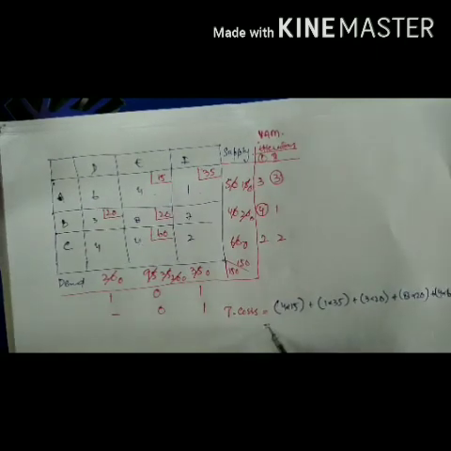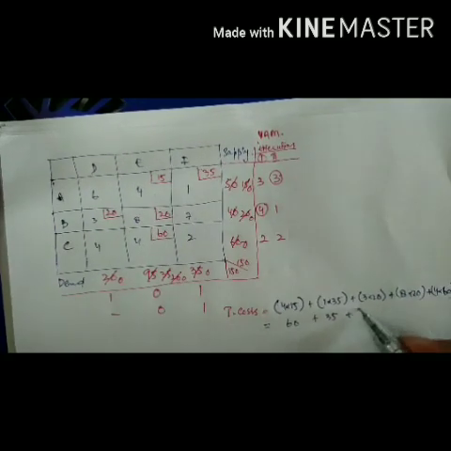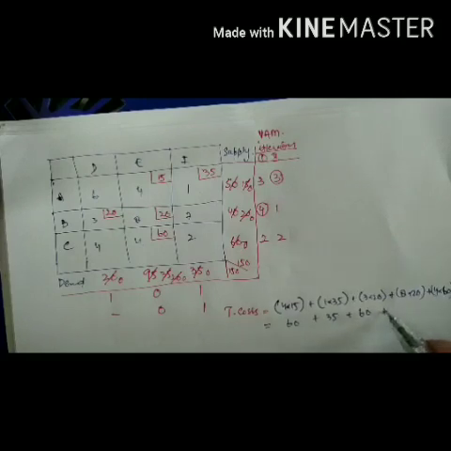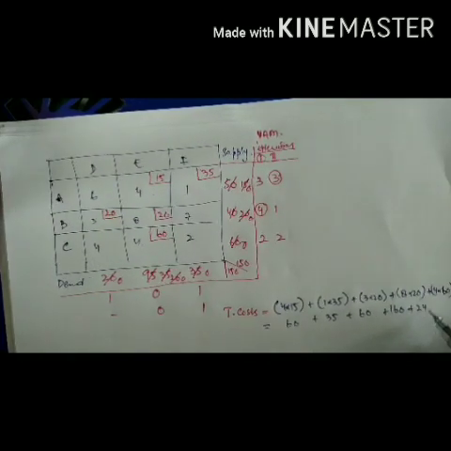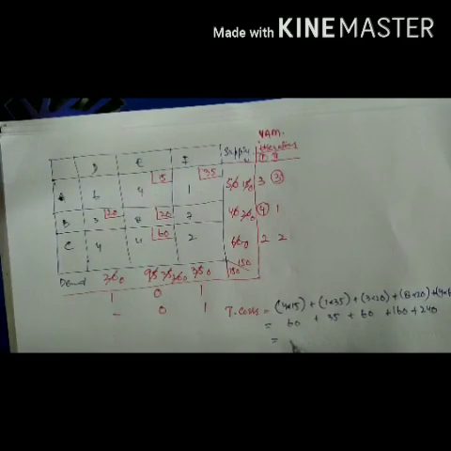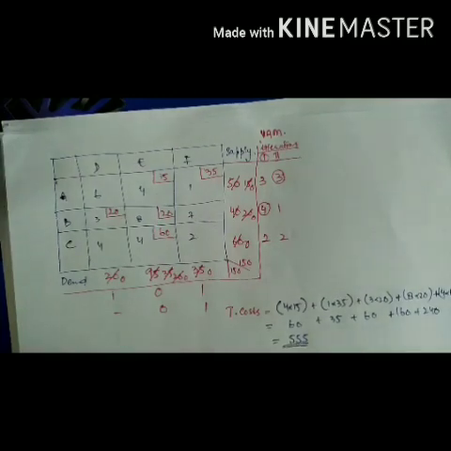Now the total transportation cost will be equal to 60 plus 35 plus 60 plus 160 plus 240. That will be equal to 555. Now remember this, our total transportation cost is 555.